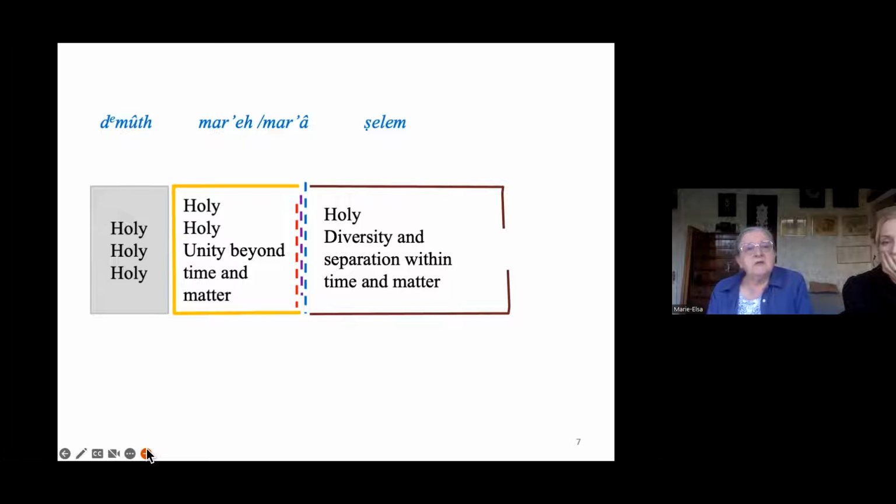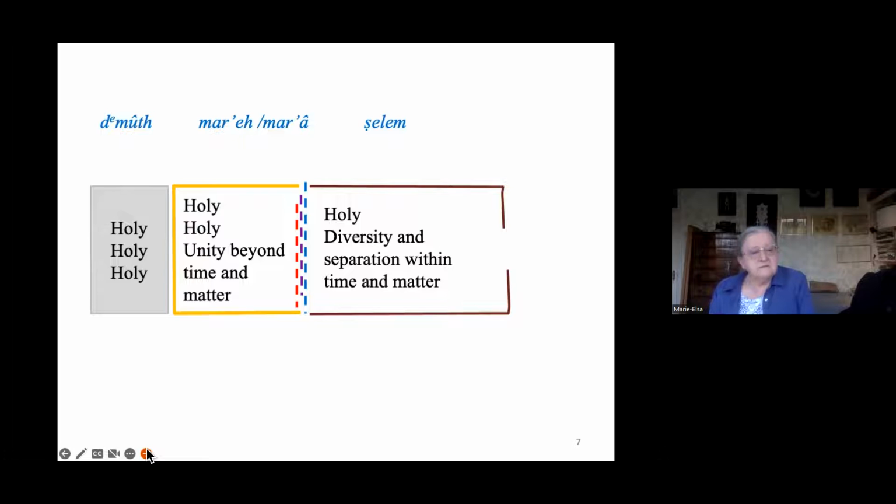In a stage beyond the temple, that's in the grey box, you have the demut. Then in the Holy of Holies, you have the mareh, sometimes marah, which is the outline without solidity. And then in the outer state, you have the tselem, which is something that is in the material world.